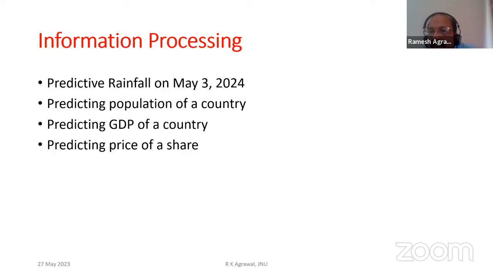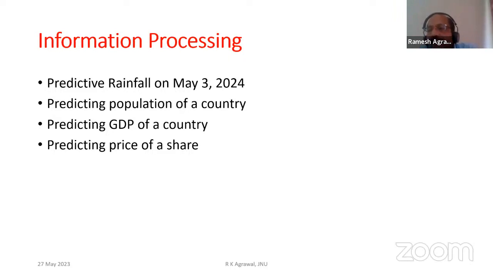But this data is not available in your database. But based on the past records of the last many years, you can develop a model which can tell the estimated rainfall on this particular day.